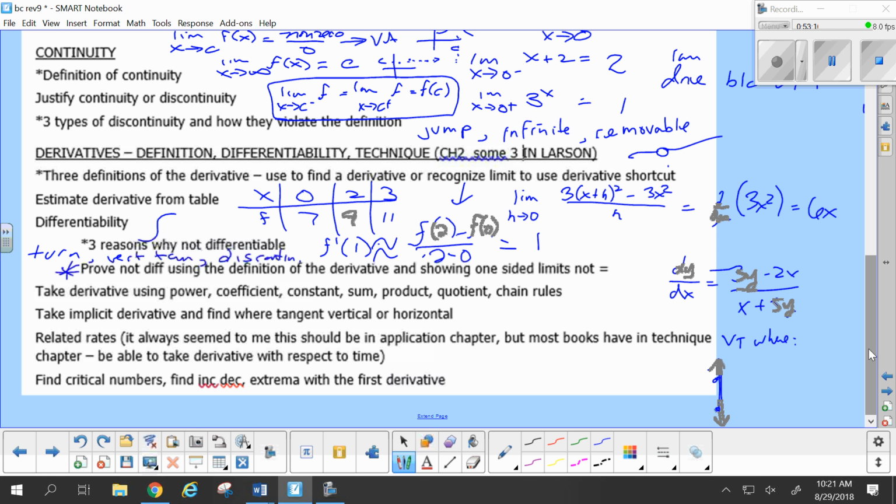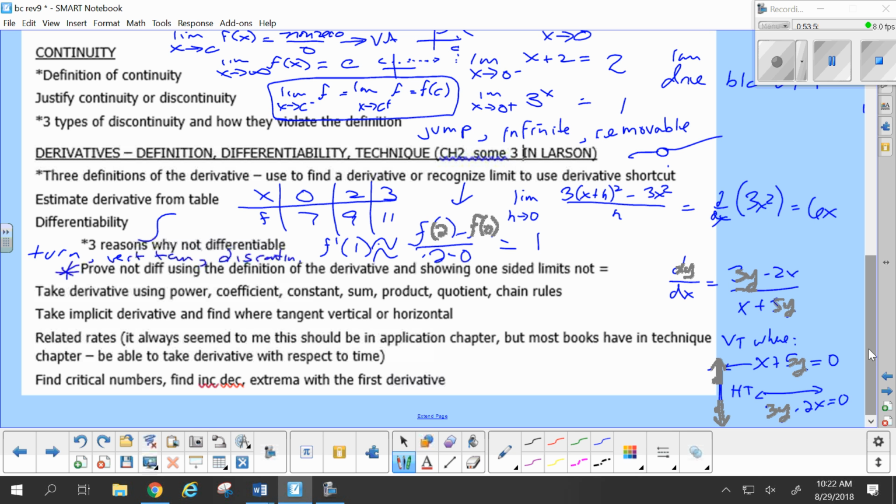Yeah, so rise but no run, which would mean you get a vertical tangent where x plus 5y equals 0. Okay? What does a numerator of 0 mean for you? Flat. Okay, so you'd have a horizontal tangent where the rise equals 0. So that would be when the numerator equals 0.